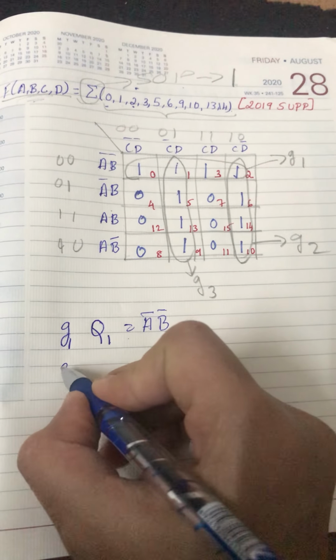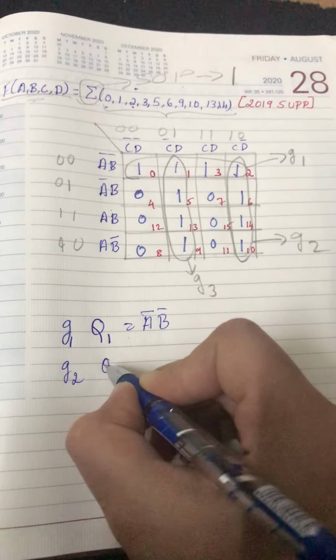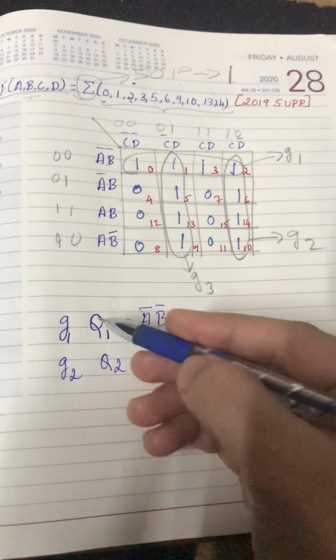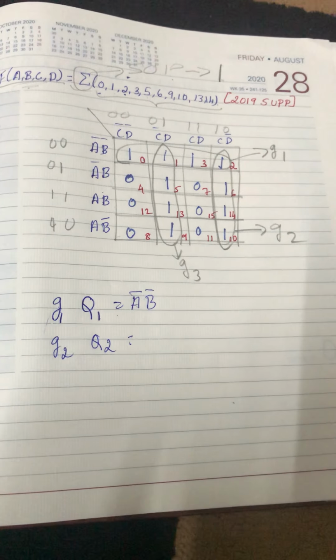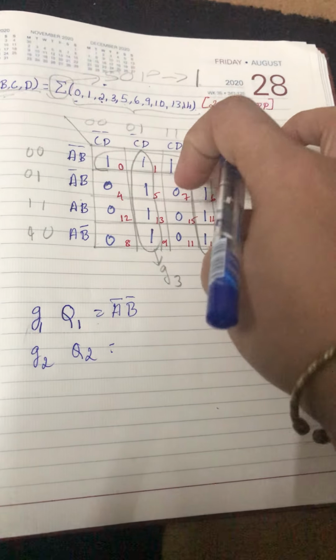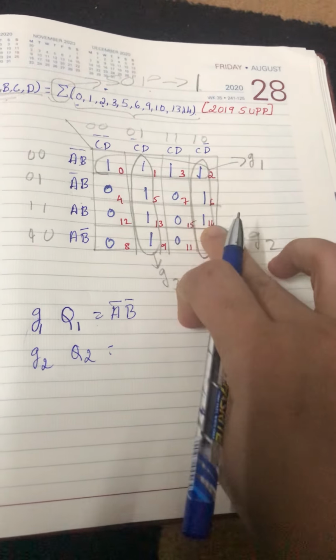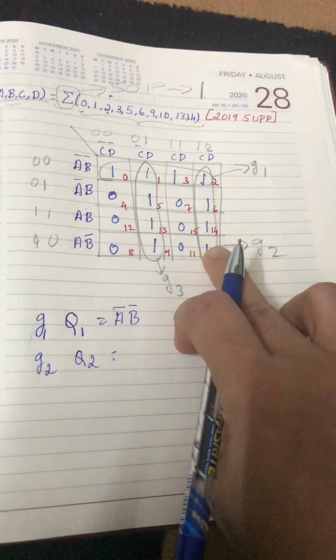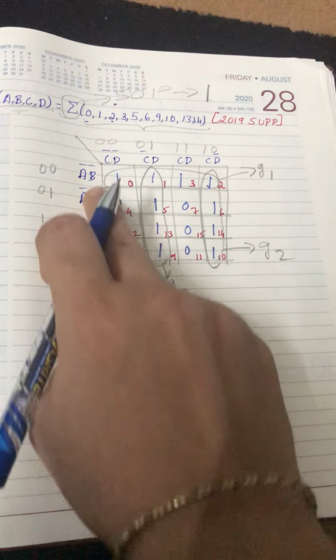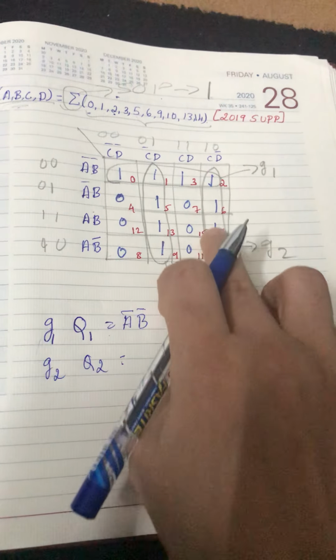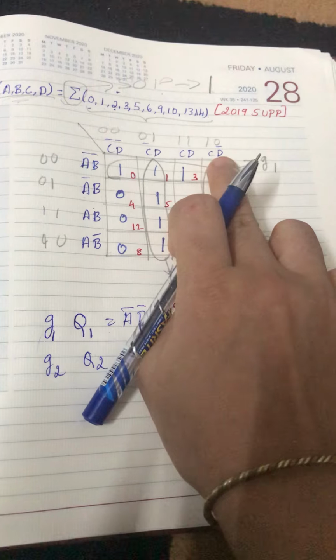Next go with group number 2, that is quad 2. Or instead of this you can directly say G1, G2, G3. Next this is your group. Here for these 4 ones, in the rows you don't have any common terms, so drop it. Go with the column, you have C, D bar.